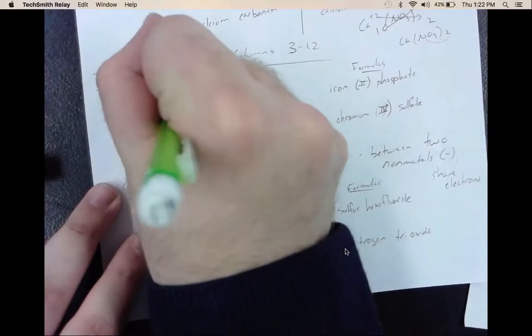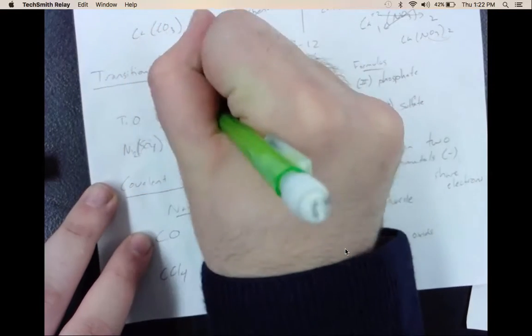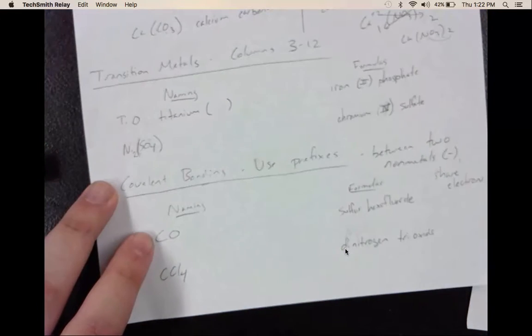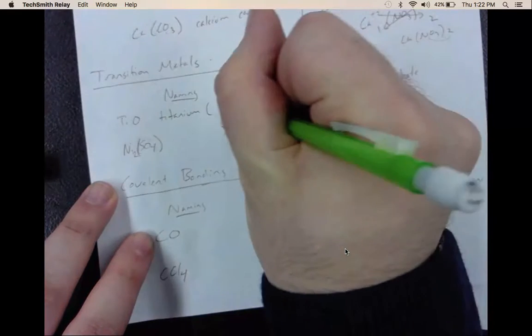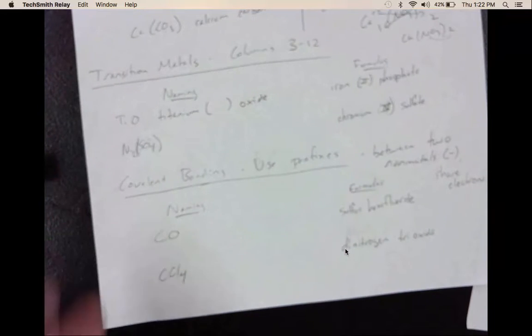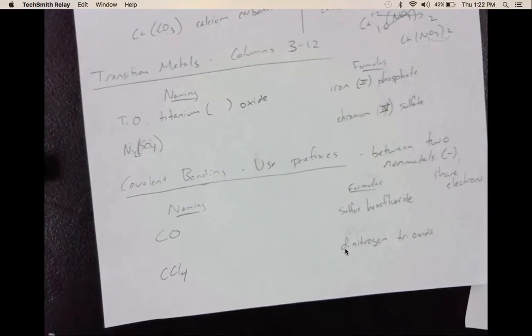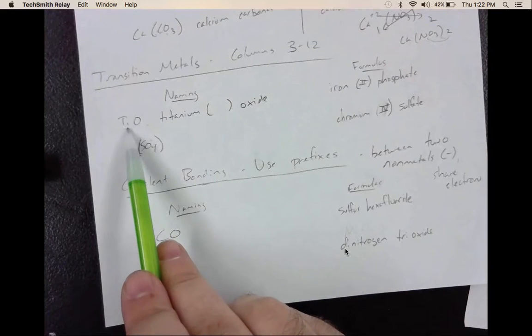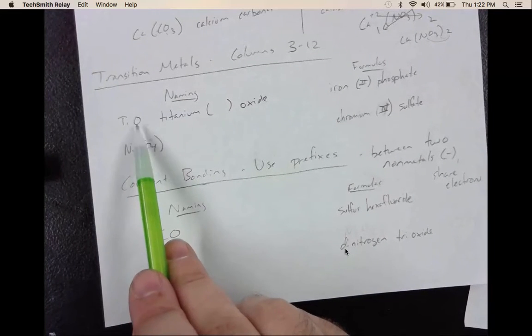So then again, we would write titanium. I like to figure out my Roman numeral at the end, and then oxygen. Oxygen is on our negative side, so we change the ending to "ide." We get oxide. Now we just need to figure out the Roman numeral. So we figure out the Roman numeral of the transition metal based on what it's bound to.